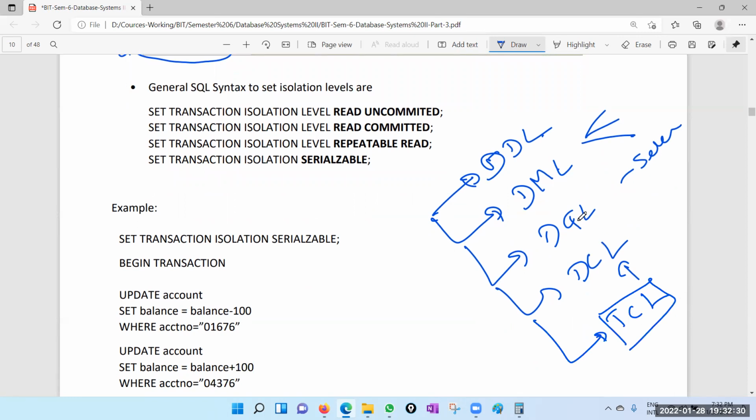Usually when you are starting a transaction, I told you default is serializable. If you want, you can set it specifically to serializable, because if you have changed it to another level, again you have to set it to serializable.